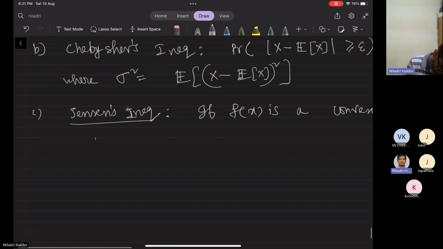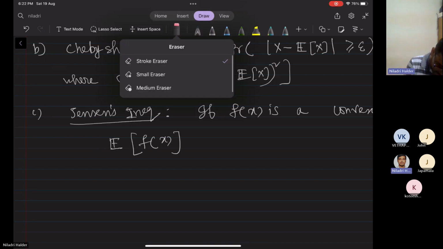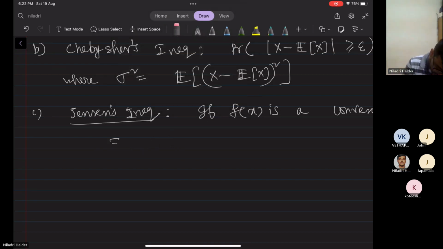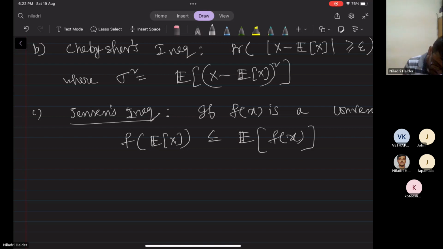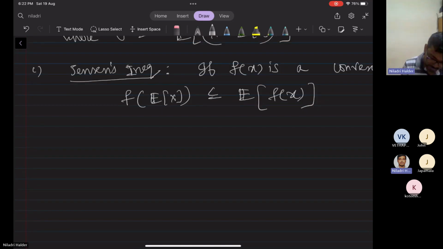Then f of the expectation of x is less than or equal to the expectation of f of x. This is Jensen's inequality.